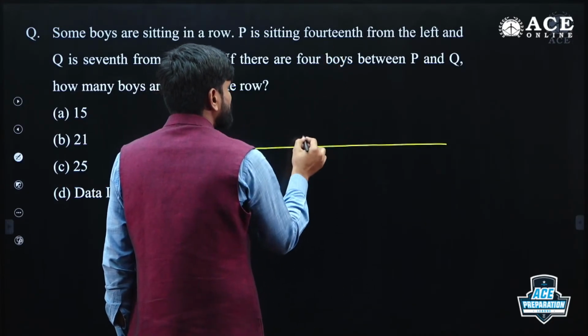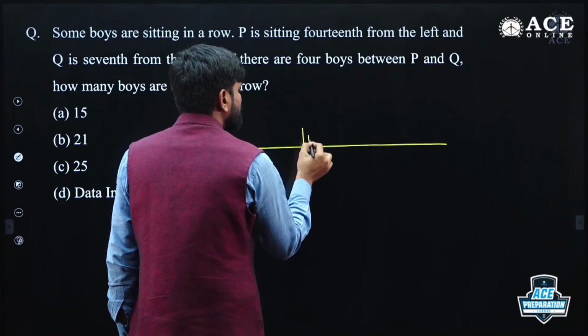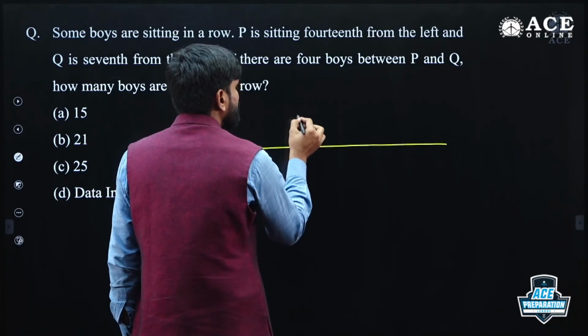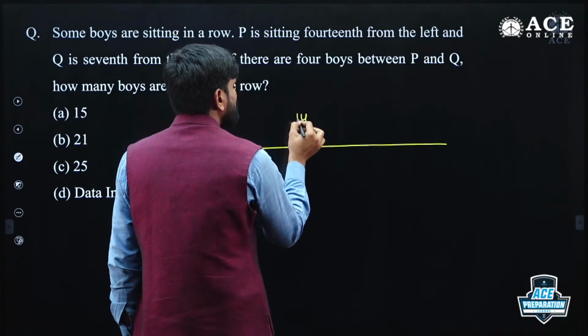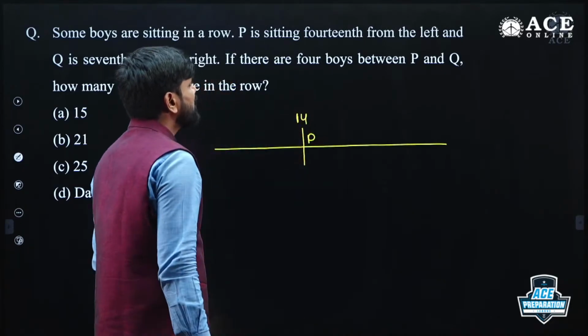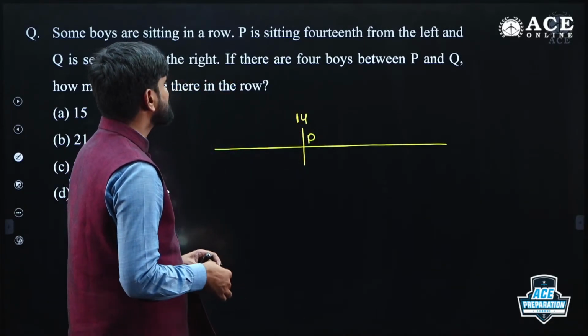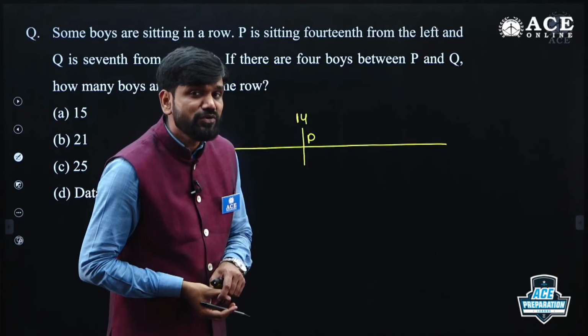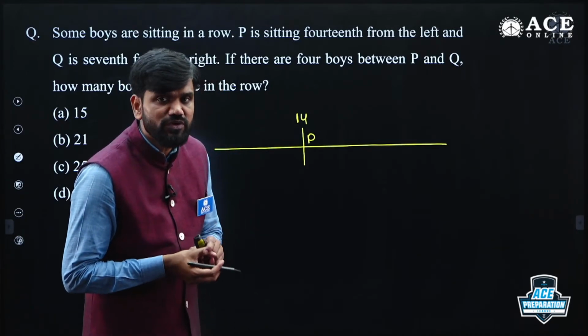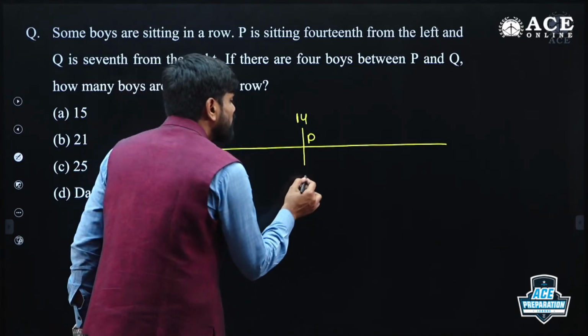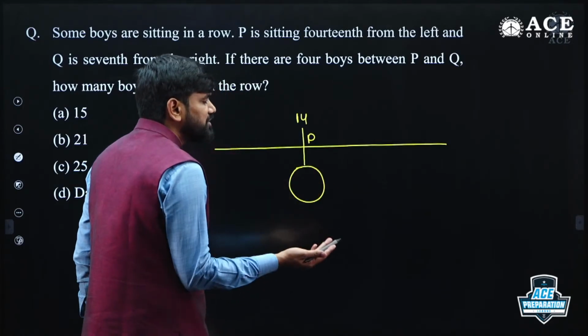P is 14th from the left. And Q is 7th from the right. I do not know where to place Q as of now, because I do not know the position of P from the right.